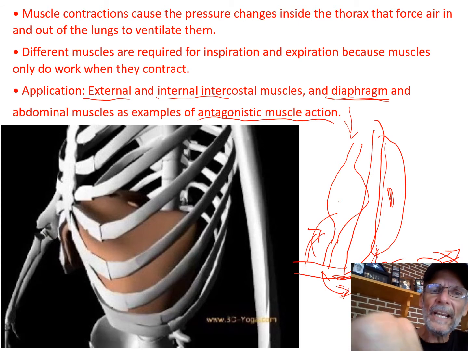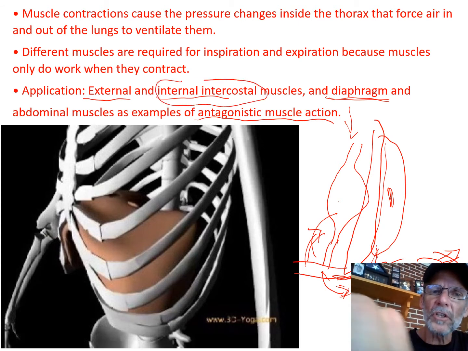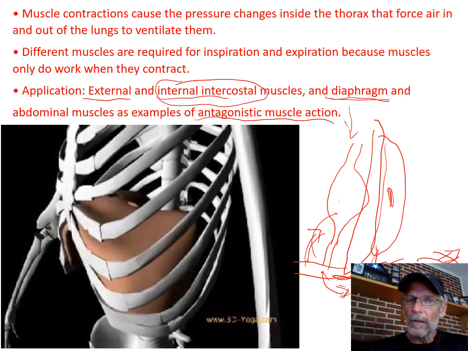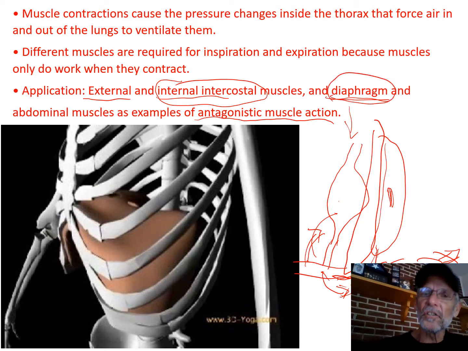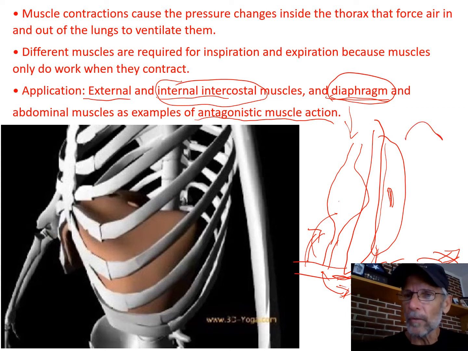When the internal intercostal muscles contract, they'll pull your ribs closer together. And when the diaphragm relaxes and the floor moves up again, because this diaphragm muscle is normally curved. I forgot to say that. That's important. It's curved like that when it's relaxed.